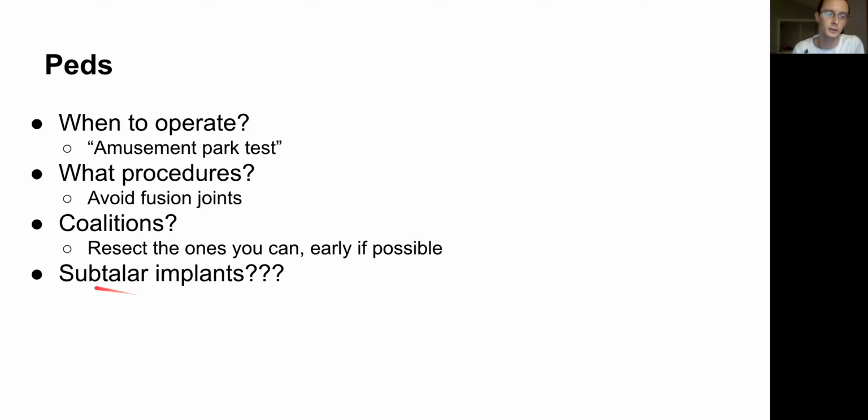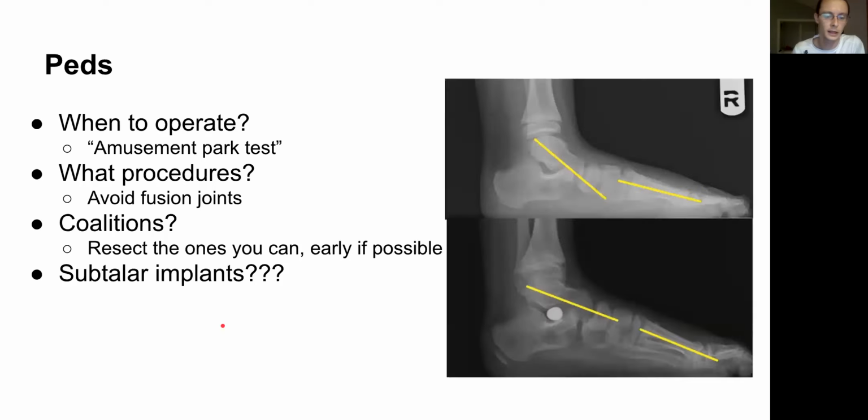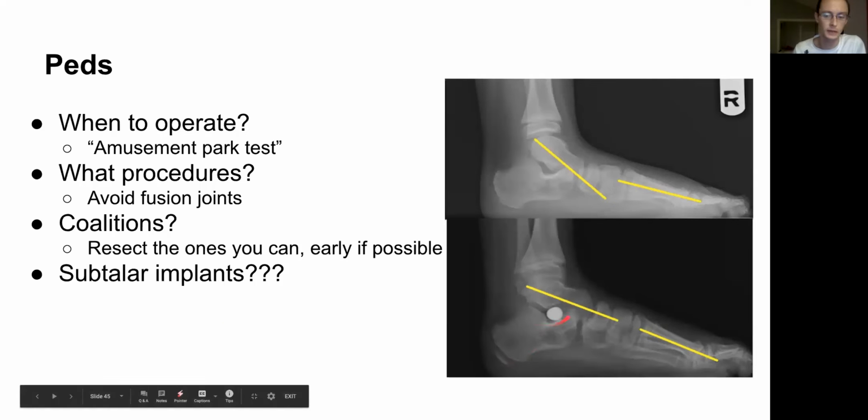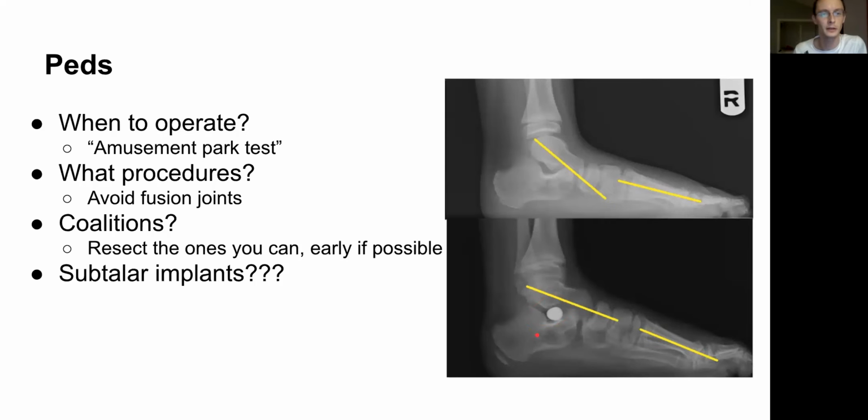There's another procedure for kids, subtalar joint implant, that you can sometimes use. It is for very limited types of flat feet. So if a doctor recommends this as a flat foot surgery, I usually recommend that the patient or the parent ask that doctor what other flat foot surgeries they do, because for some guys out in the world, all they have is a hammer, which means the whole world looks like a nail to them.